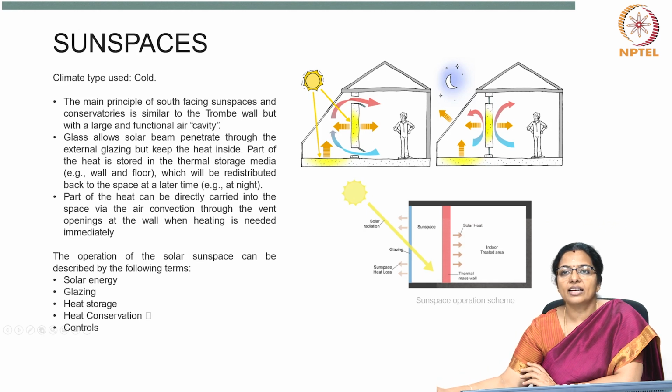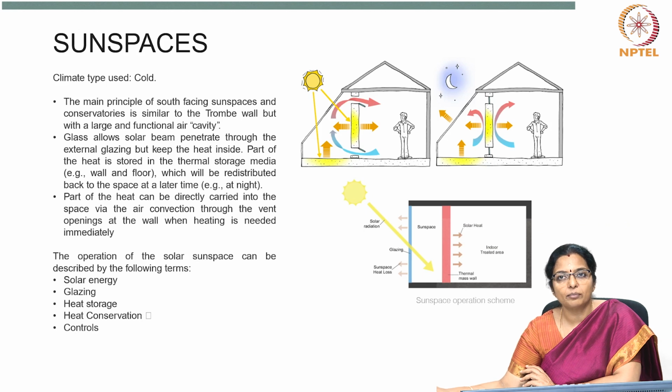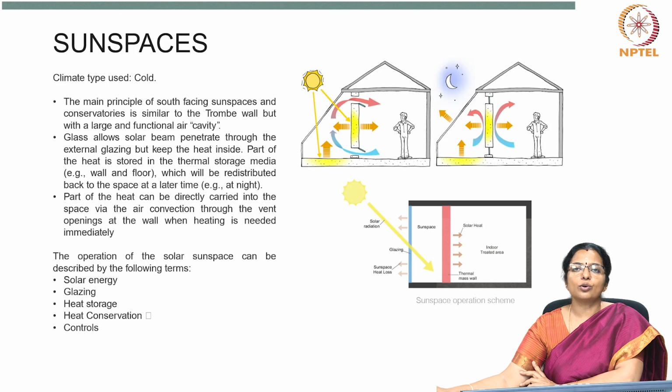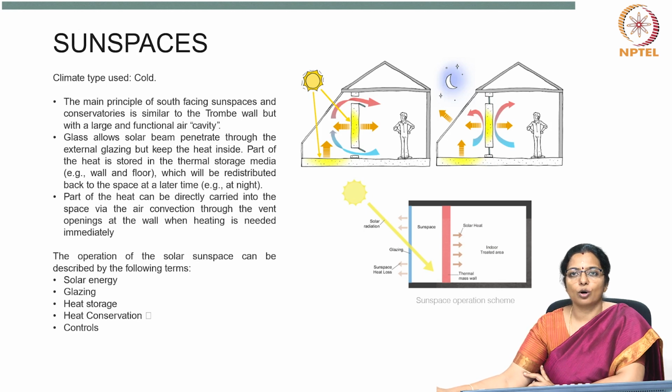Translucent material creates diffusion, which means radiation that enters the sun space is scattered and distributed evenly on all the sun space surfaces, avoiding areas of overheating. Some of it also gets reflected and absorbed.